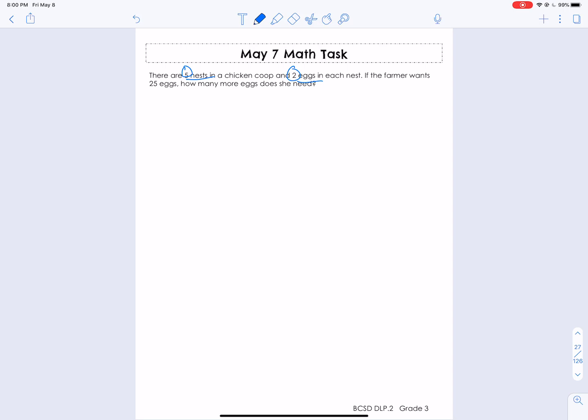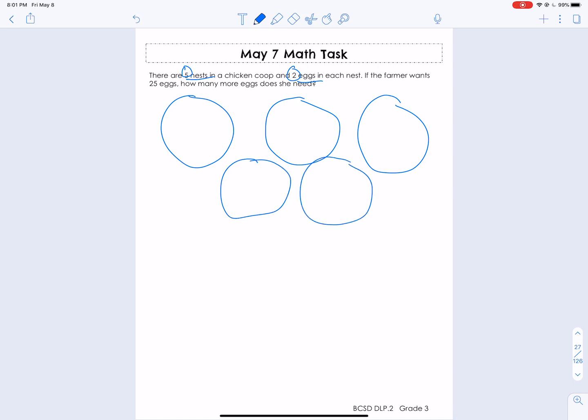It's kind of sounding like equal groups to me, because 5 nests could be the groups that we are working with. So 1, 2, 3, 4, 5 nests.